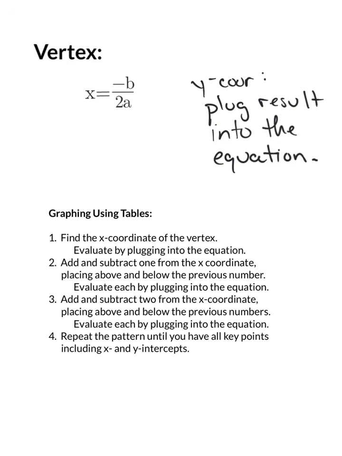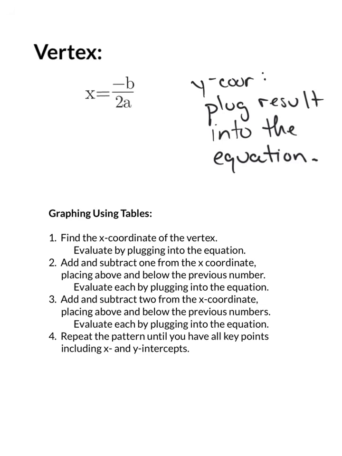In order to graph using tables, what we want to do is first find the x-coordinate of the vertex. We're going to solve for y by plugging it into the equation and simplifying. From there, we want to find numbers on either side. For instance, we can add and subtract 1 from the x-coordinate, placing these values above and below the previous number.